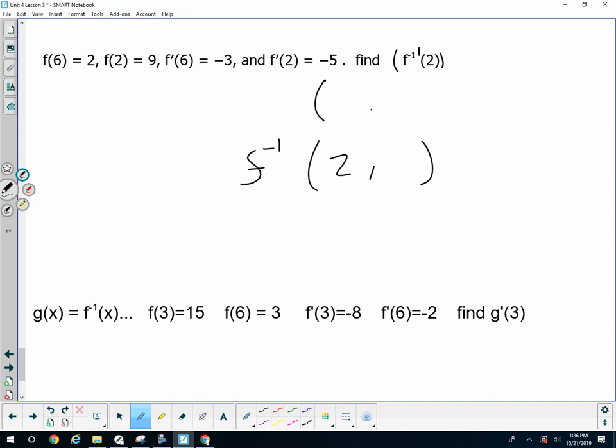F has a point with a y-coordinate of 2. When x is 6, y is 2 on the graph of f. That means if I know the slope to f at 6, which is -3, I'll have the slope to f inverse at 2.